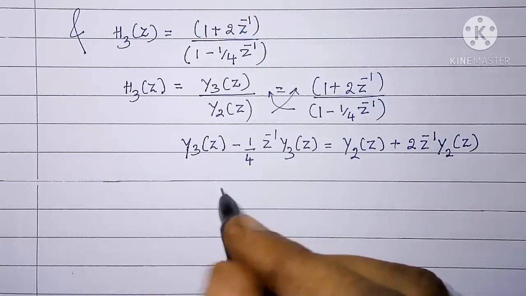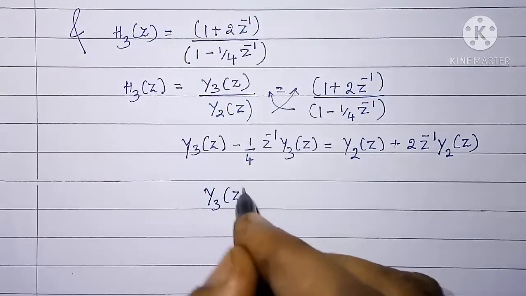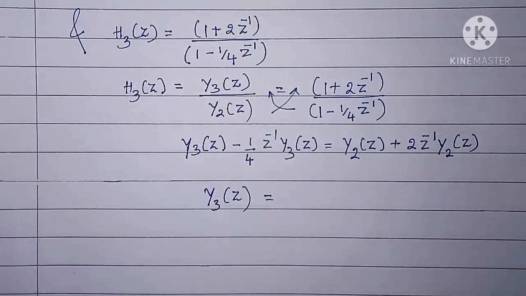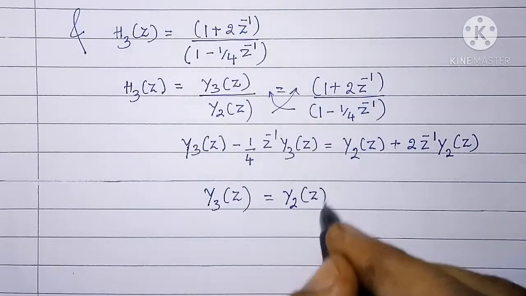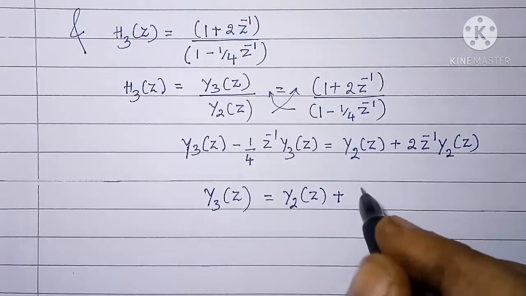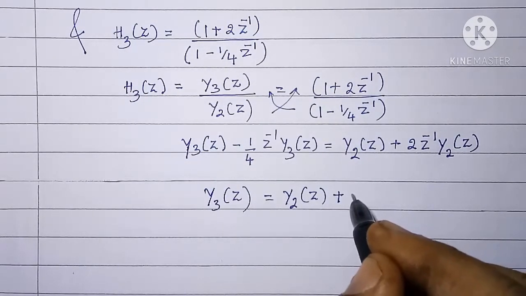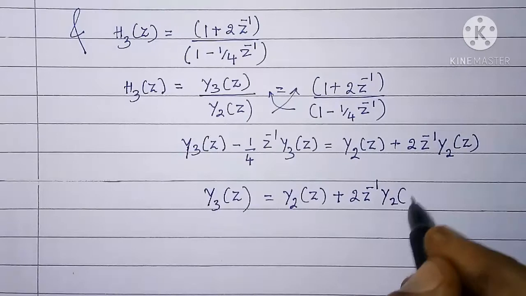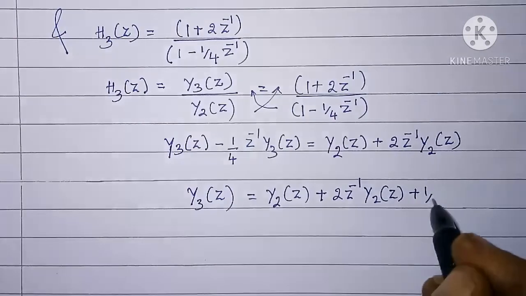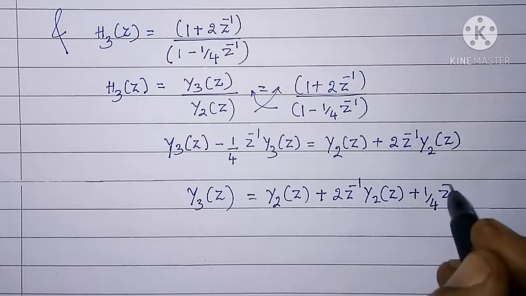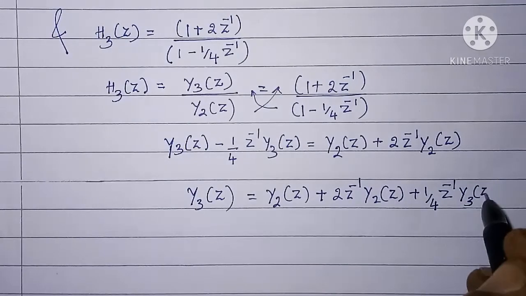Now to simplify for y3 of z, y3 of z will be equal to y2 of z plus 2 into z raised to minus 1 into y2 of z plus 1 by 4 into z raised to minus 1 into y3 of z.